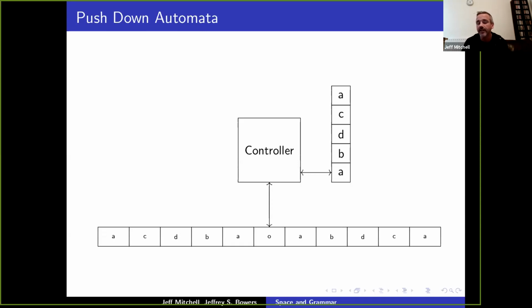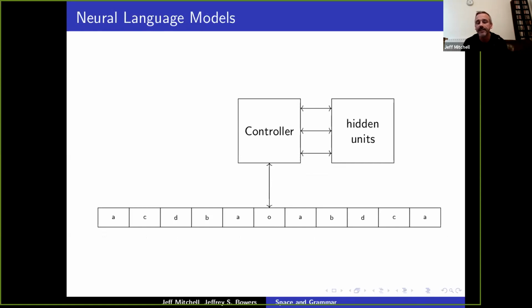So that's a symbolic architecture, but I'm more interested in the neural architectures. Neural architectures are very similar, the main difference being that the memory here has no structure. It's just a set of hidden units that the neural language model can use however it pleases.